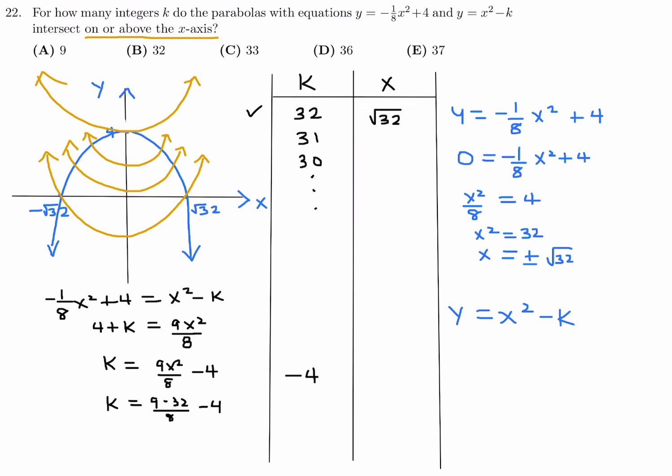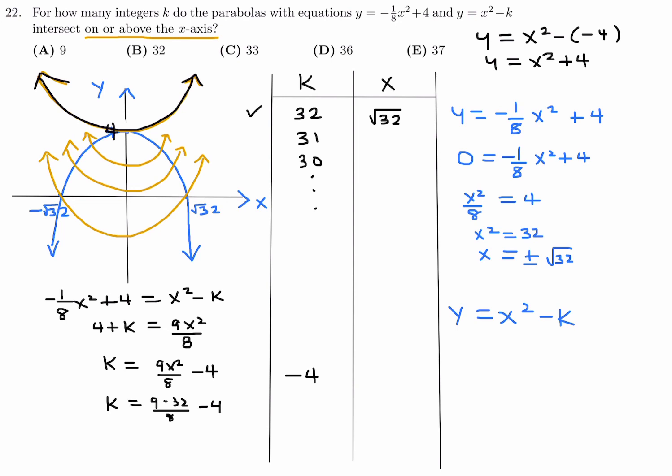Well, because this equation y equals x squared is essentially just like this, and it's going up and down depending on the value of k. If k is minus 4, this becomes y is equal to x squared minus 4, which is y is equal to x squared plus 4. So that means that it would basically be right here, where this is 4 right there.